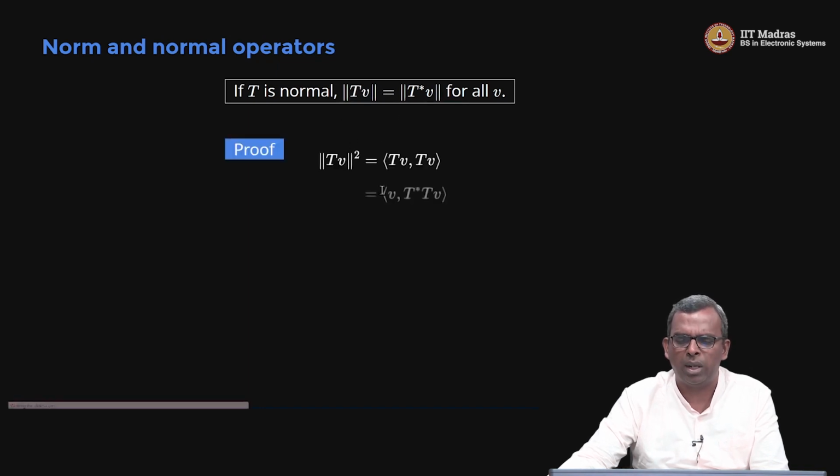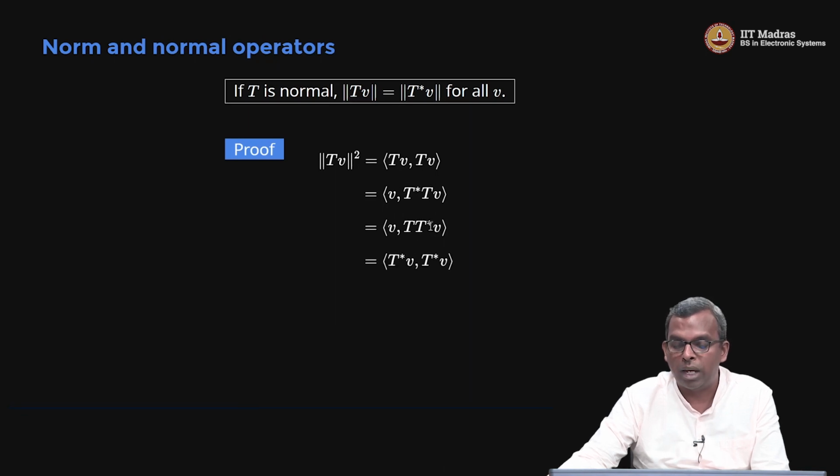Proof, let me go through very quickly. If you look at norm TV squared, it is TV comma TV inner product. Now, use the property of the adjoint to push this T to this side. Now, use the normal property here, right. T star T is the same as T T star, okay. Here is where I am using the normal property. Now again use that adjoint property, bring this T to this side, you will get T star here. So, T star V comma T star V, and that is norm T star V squared, okay. So, you see that this is true for any normal operator.